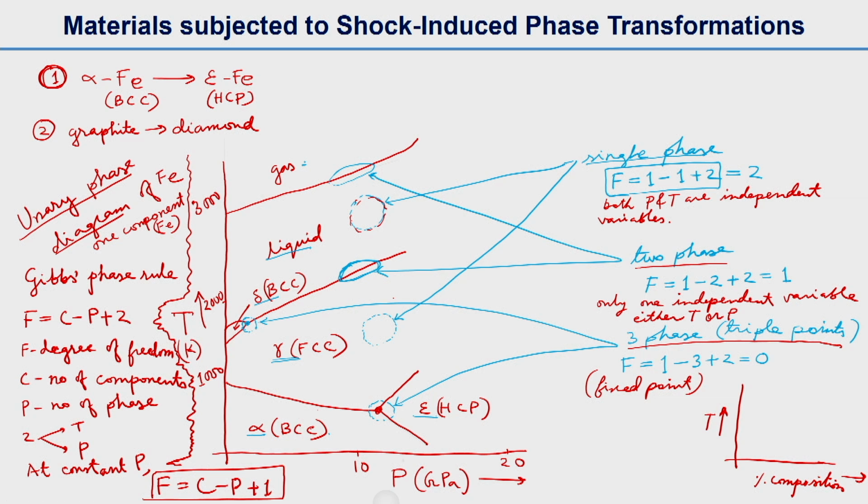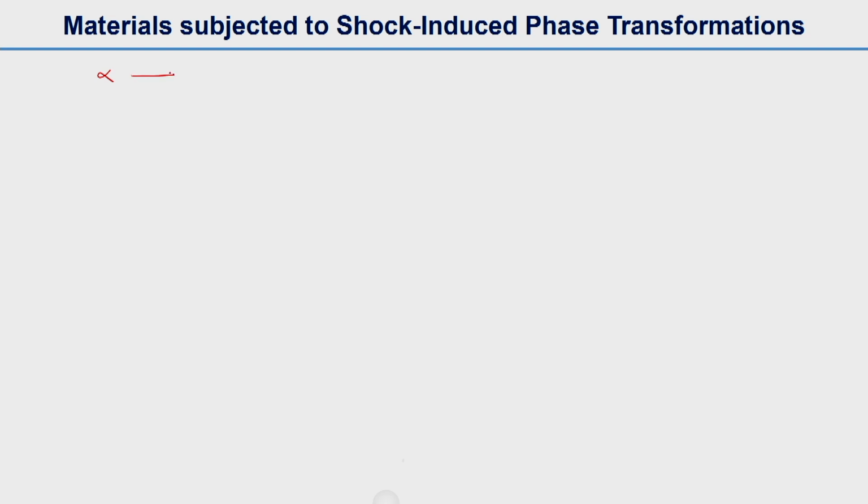I am sure that you all studied this in your material science course, but I just wanted to remind you for our phase transformation chapter. Now this alpha to epsilon phase transformation was first reported by Bancroft and others in 1956.